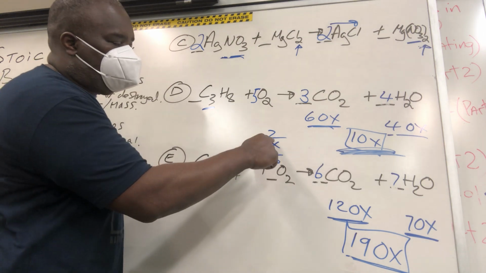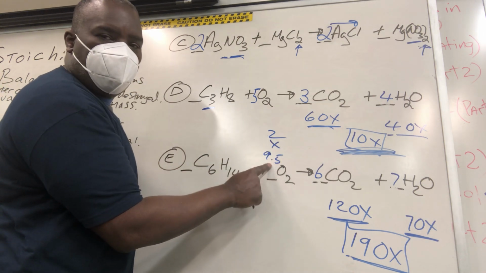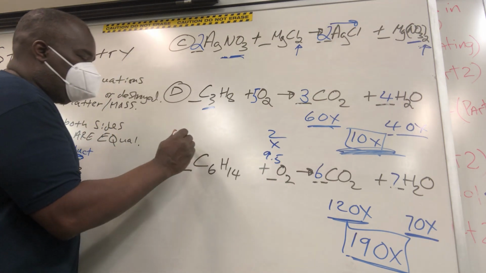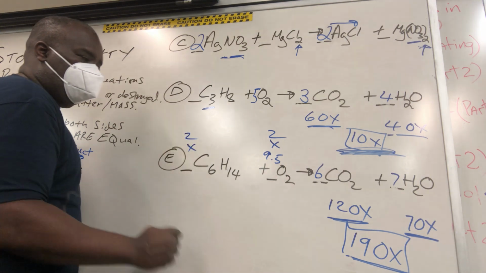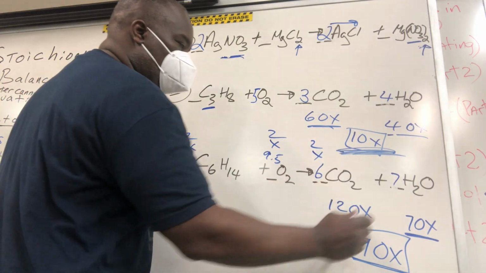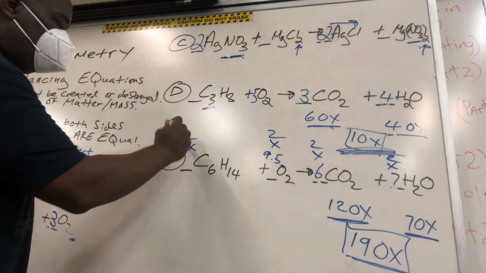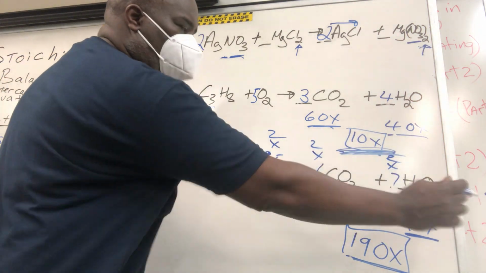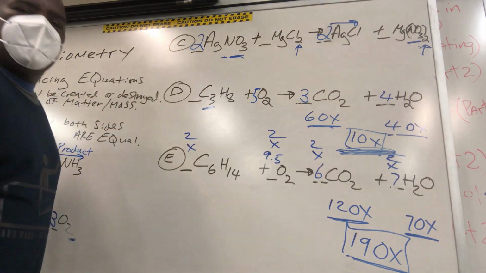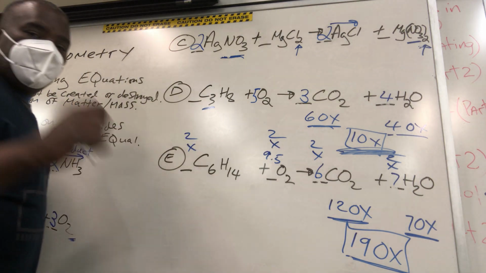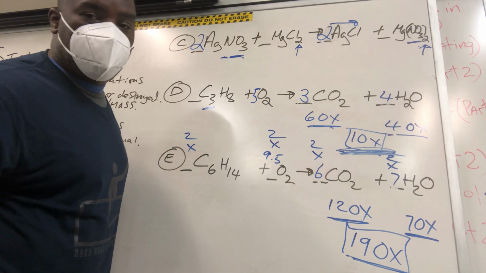So if we're multiplying this 2 by 9.5, we have to multiply this by 2. We're going to multiply that coefficient by 2. We have to multiply that coefficient by 2, okay? You can either put a bracket and multiply the whole thing by 2 or just do what I did here, no problem.